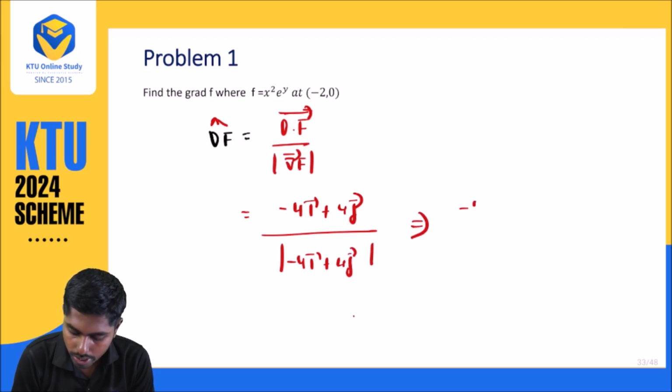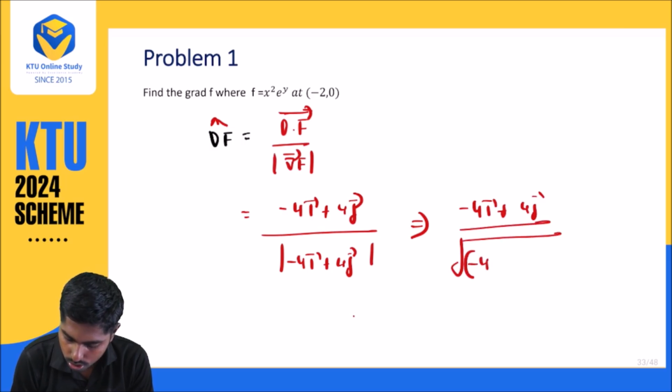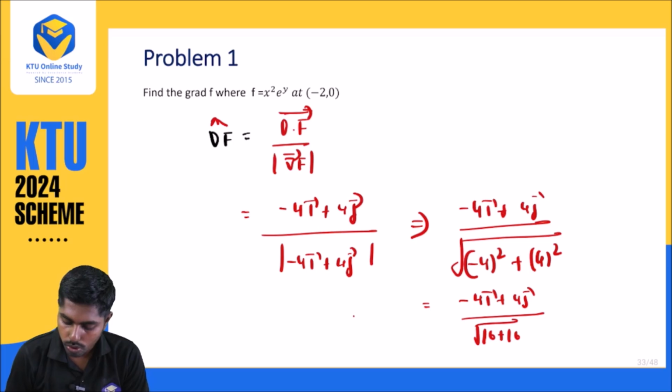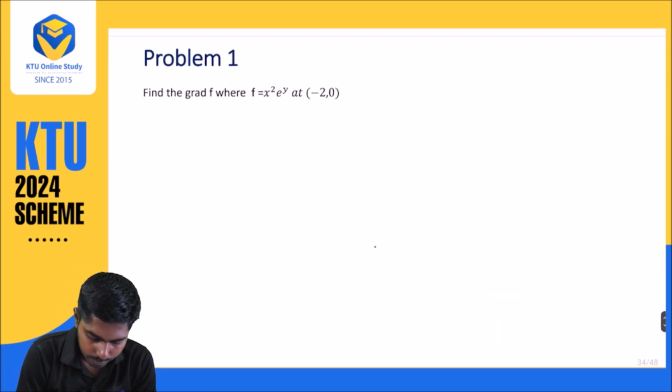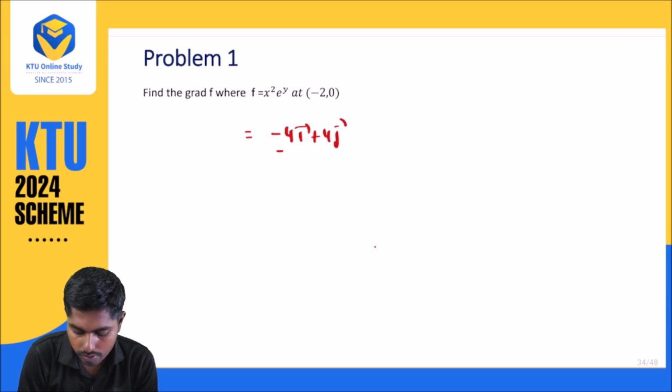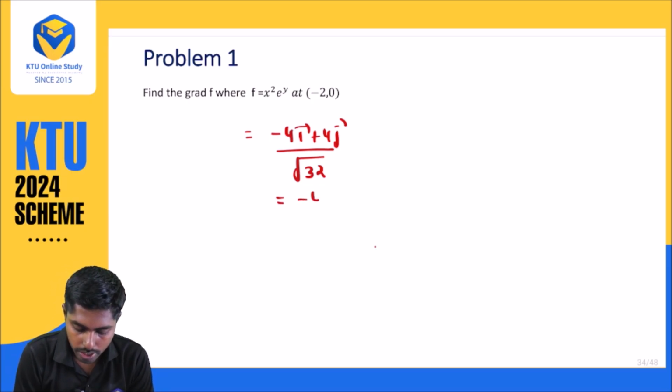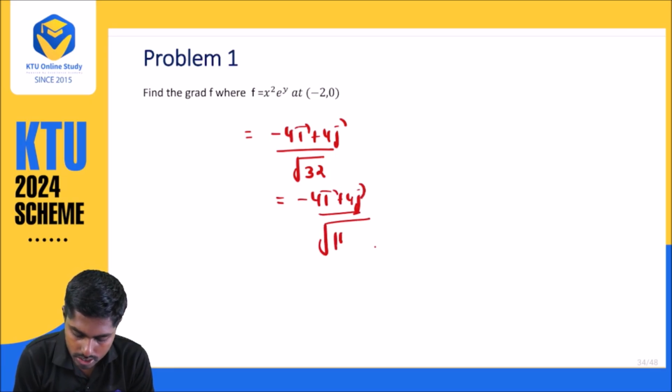So we will be getting -4 i vector plus 4 j vector divided by root of (-4)² plus 4². So we will be getting -4 i vector plus 4 j vector divided by 16 plus 16, so root 32. Root 32 we can write as root of 16 into 2.